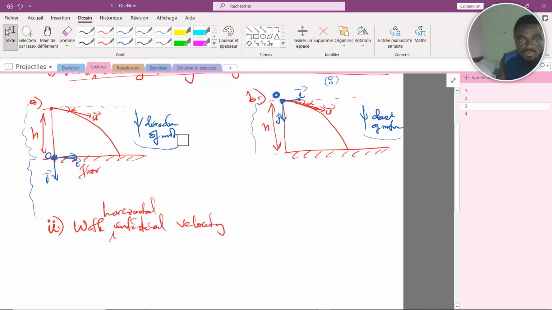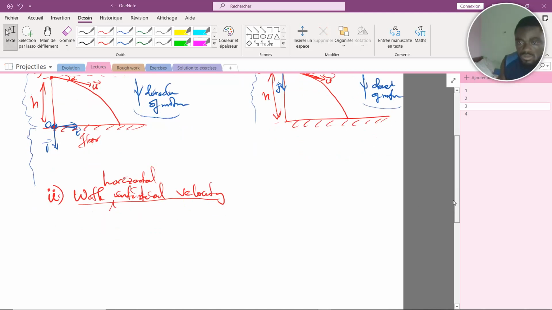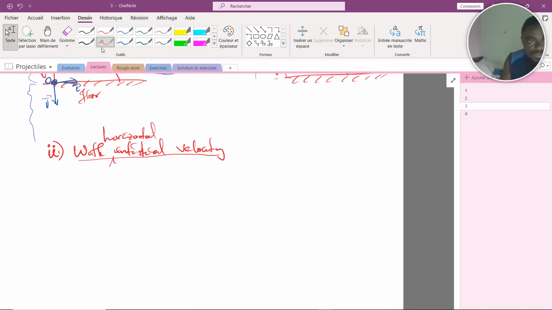Basically here we are still going to have two cases where the origin of reference can be on the floor or where the particle is being projected. Is that okay? So let me draw it.